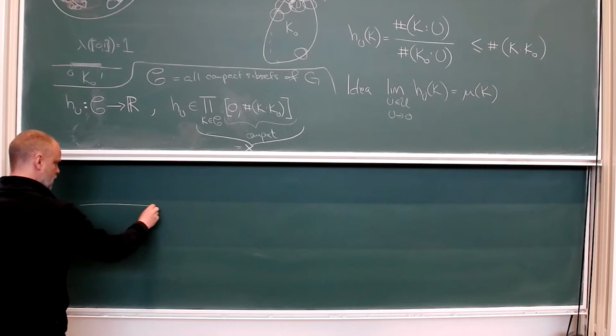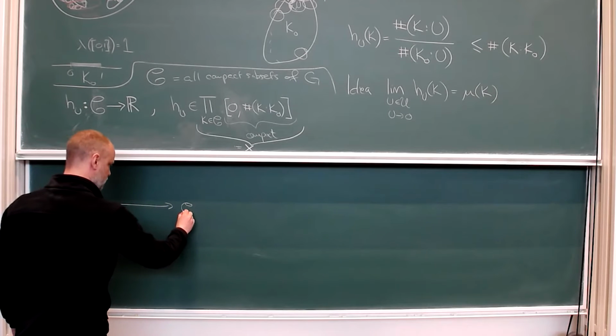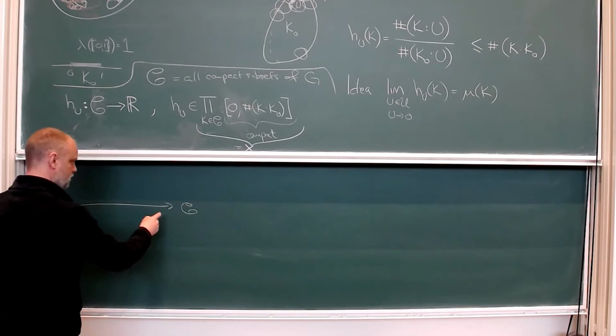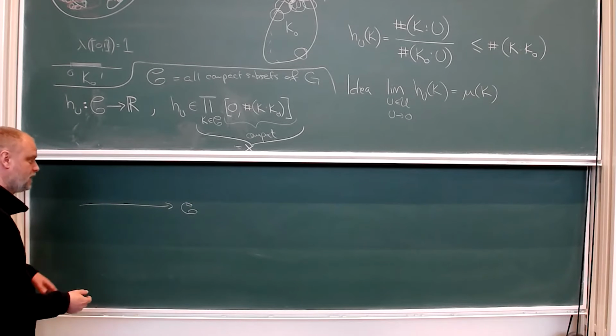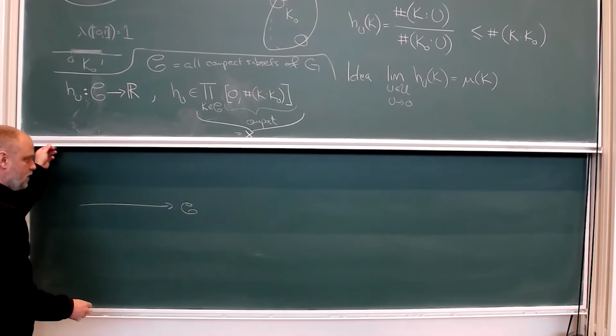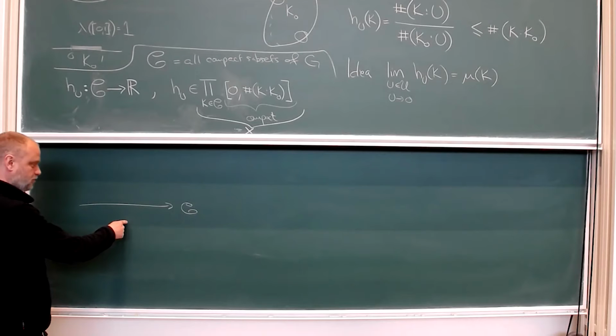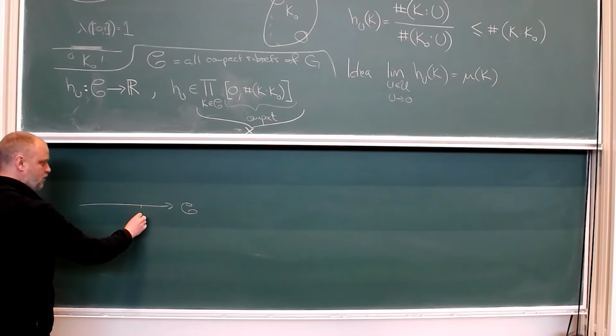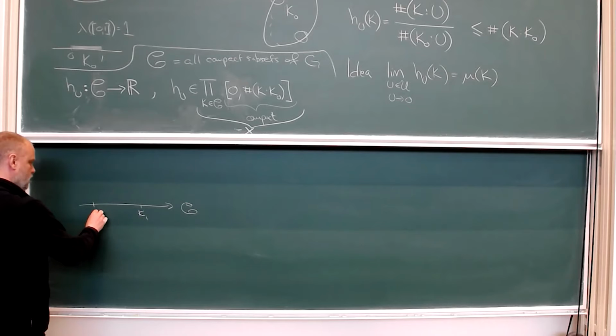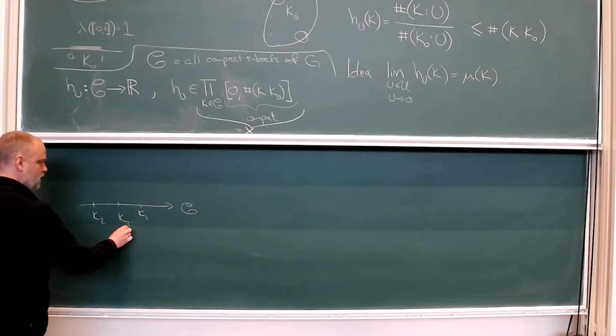But basically, if you think about all compact sets, which is somehow our enumeration set here, as just a line, and then a basis of open sets, like, okay, zoom in on this guy, K2 and K3.